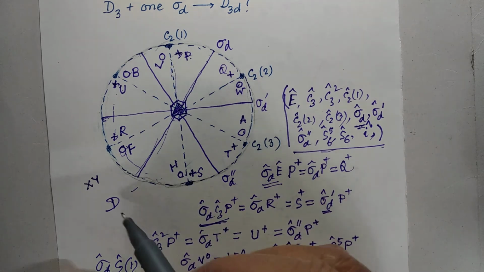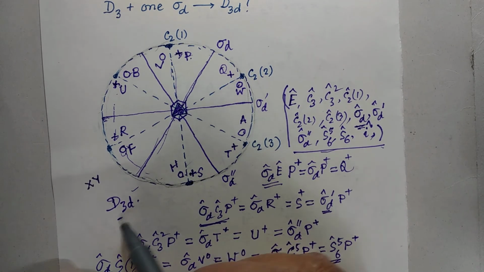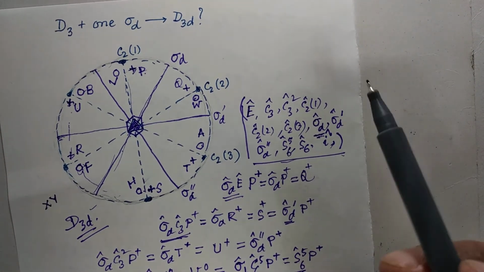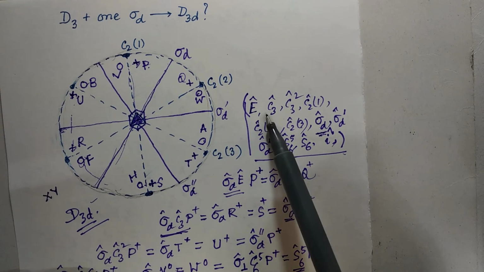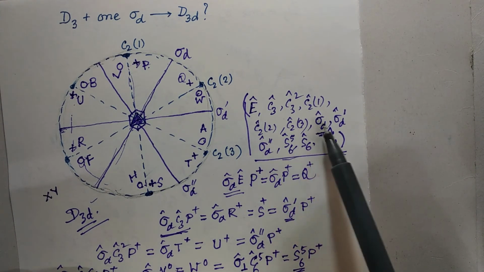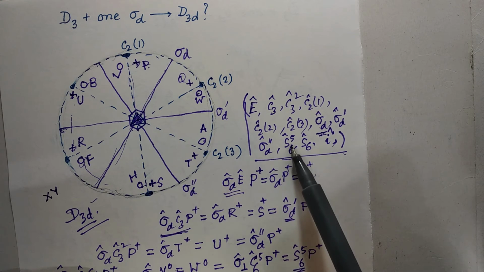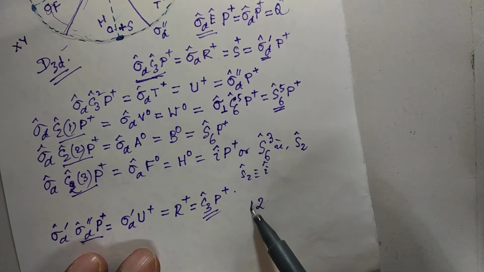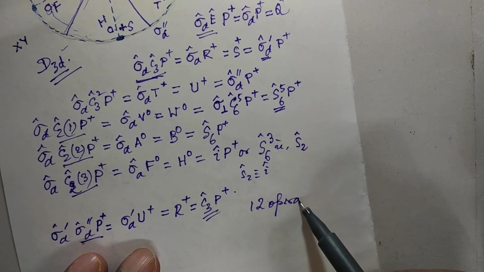This is the stereogram for a D3d point group. It has altogether how many operations? 12. 1, 2, 3, 4, 5, 6, 7, 8, 9, 10, 11, 12. There are 12 operations in all.